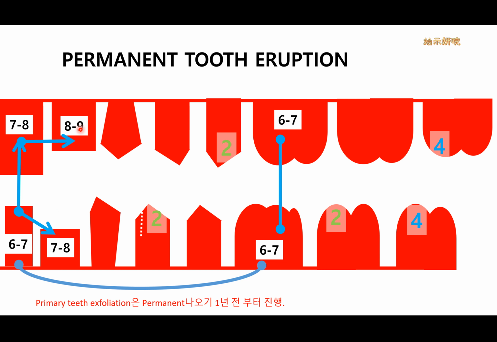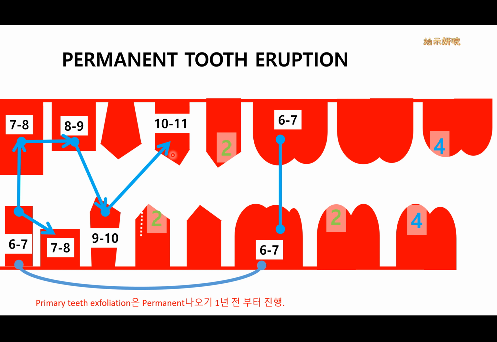So we see 9 here, and the tooth which will erupt after this maxillary lateral incisor will begin with 9, which is the mandibular canine. So 9 to 10: at the age of 9 or 10, the mandibular canine erupts.